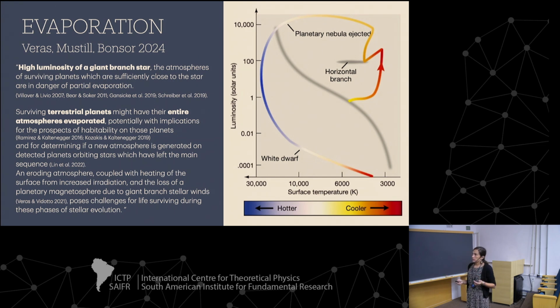In general, and this is valid for both the circumbinary and single-star case, the high luminosity will indeed affect the exoplanet and partially evaporate it or sometimes change the chemistry as well. And the terrestrial planet can be completely evaporated, which is bad for habitability options.